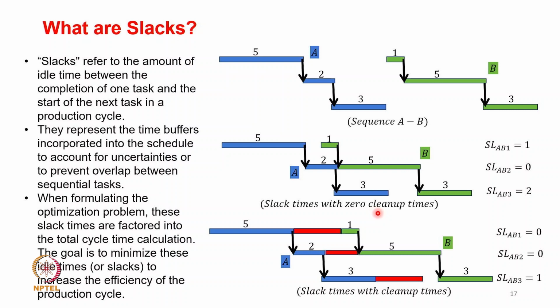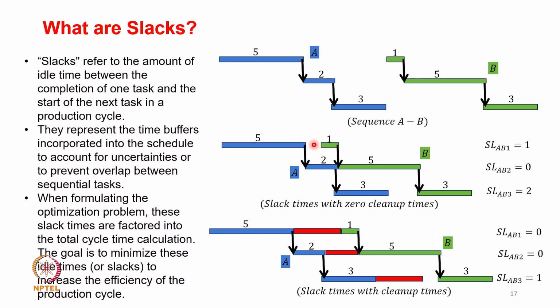Sometimes you also need to integrate cleanup times, so slack in addition to cleanup times. It essentially means that you need to clean up the equipment before we start operating. Let's assume that there is a cleanup time coming into the picture.